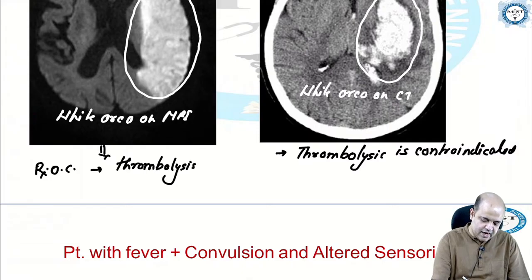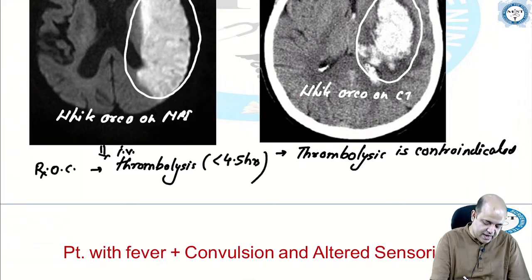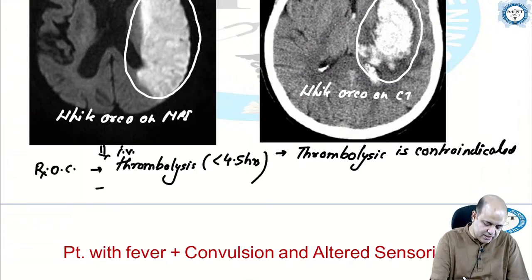If the presentation is within 4.5 hours, it is IV thrombolysis, and between 4.5 and 24 hours, it is mechanical thrombectomy.